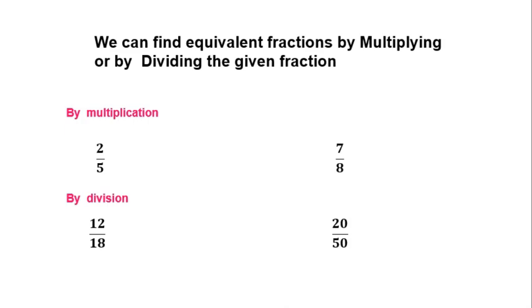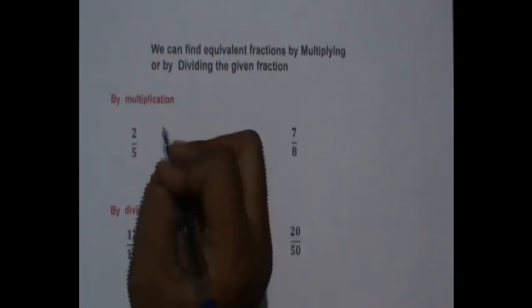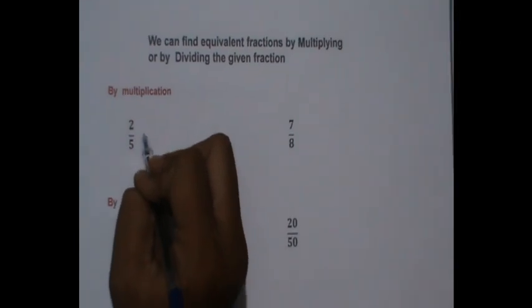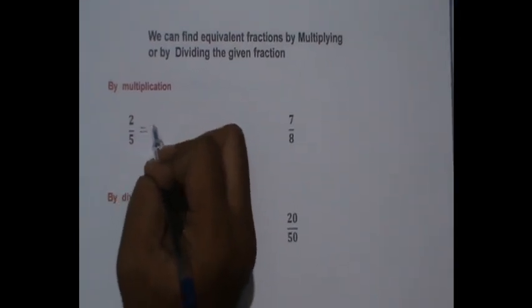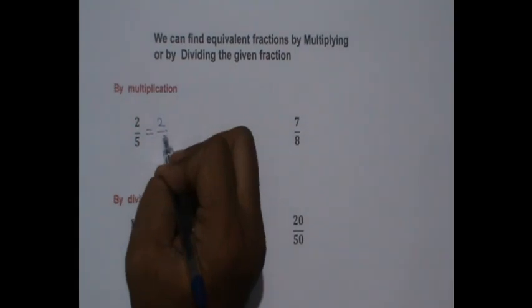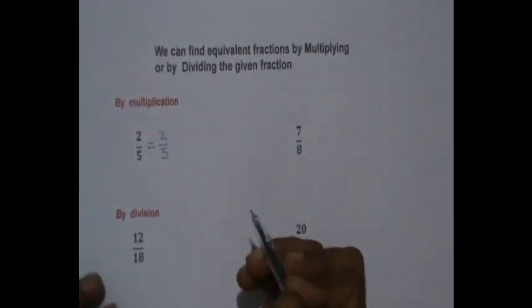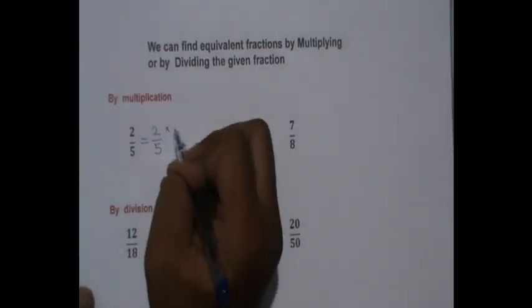Now, you can see a video clip on how to find equivalent fractions using two methods, by multiplication and by division. Two-fifths, and you have to write again, and you can multiply by any number.